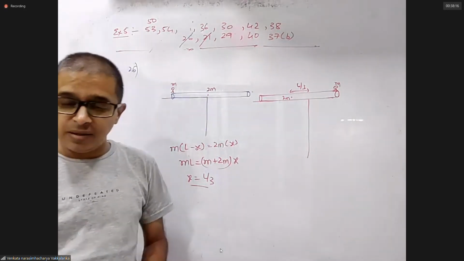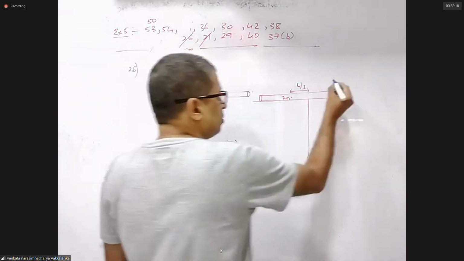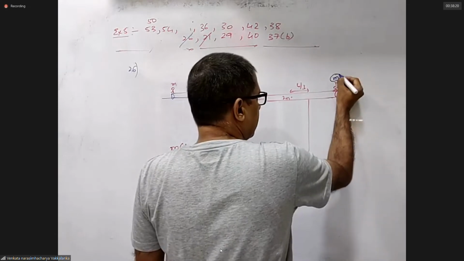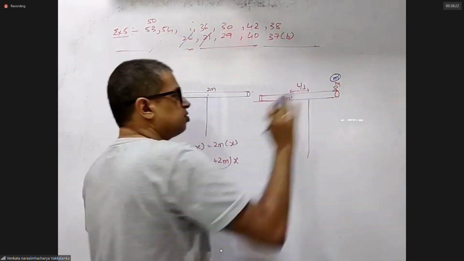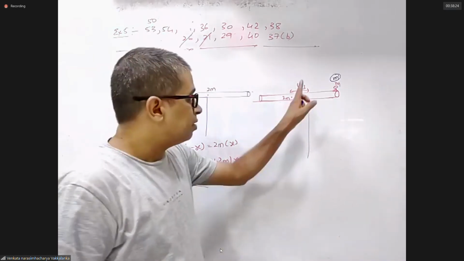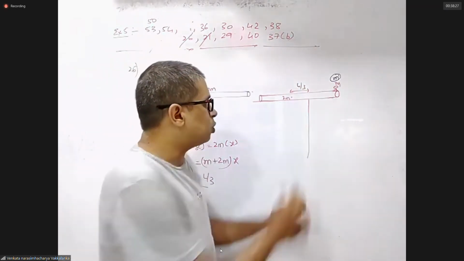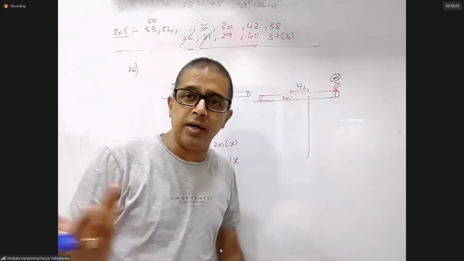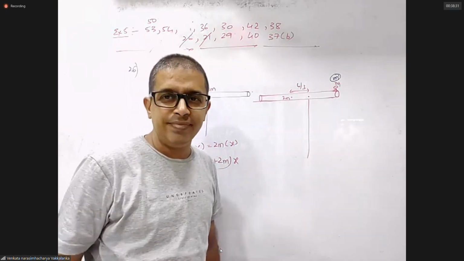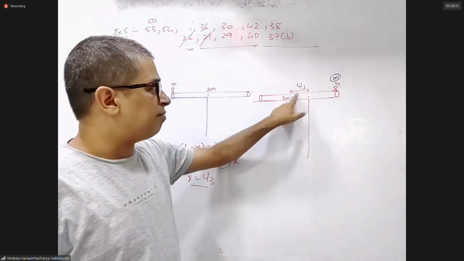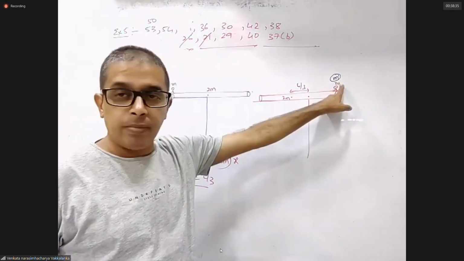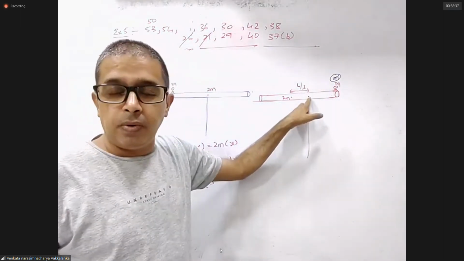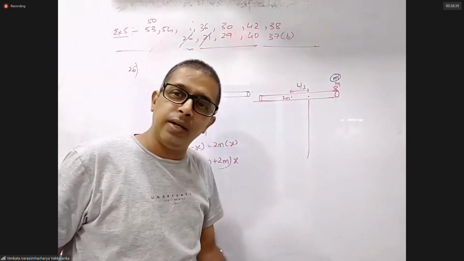You are asking me how much maximum mass M dash can land here so that the system is in equilibrium. The combined center of mass of 2m and m should not cross this point for it not to topple.